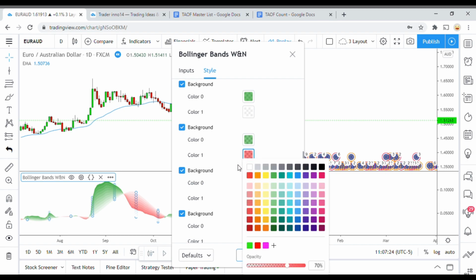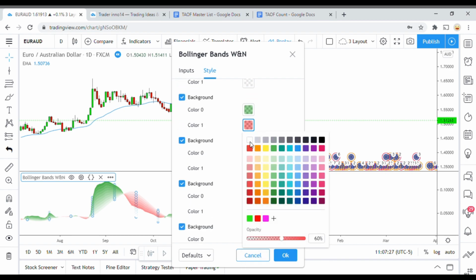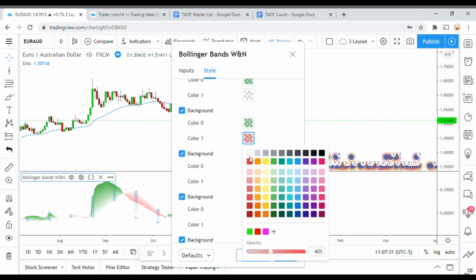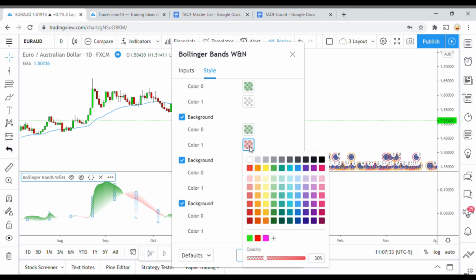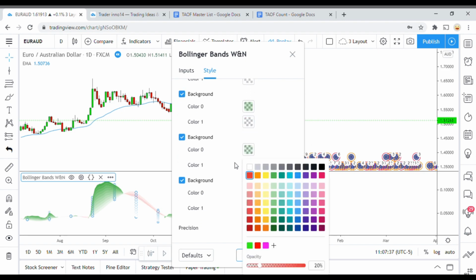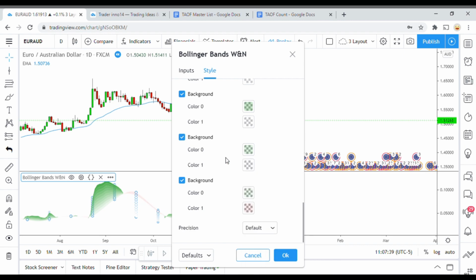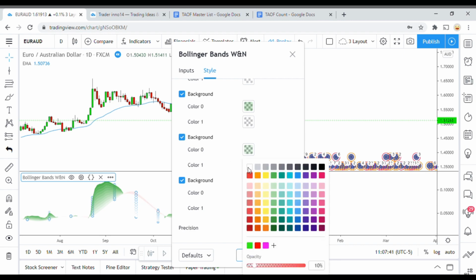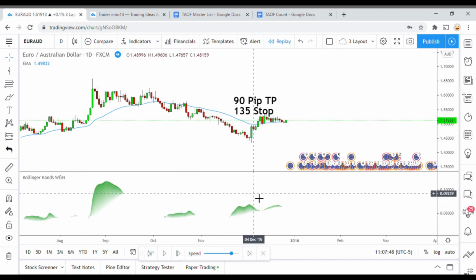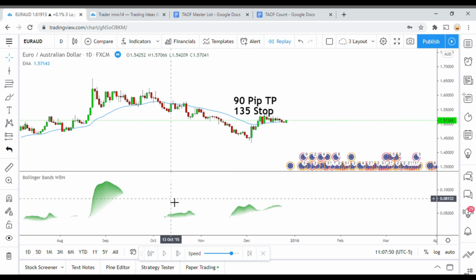What I'm doing is turning off, or whiting out, the red portion of the indicator. There we go. So at this point, all we can see is the shades of green appearing.